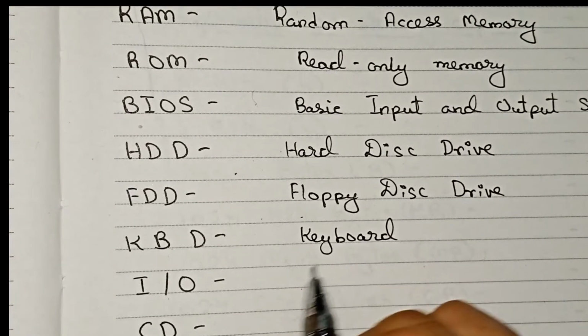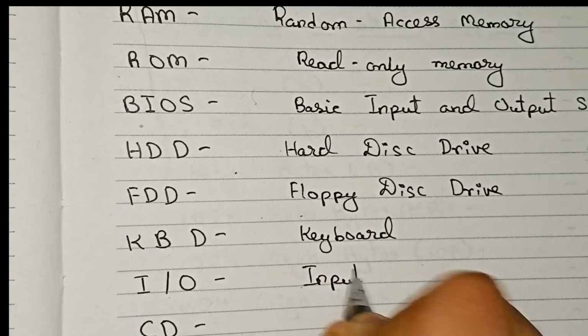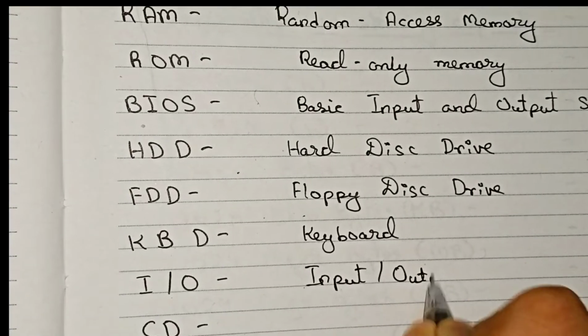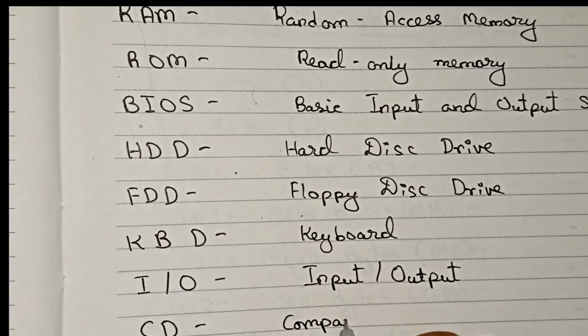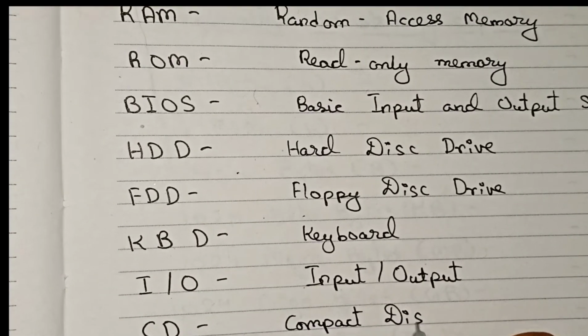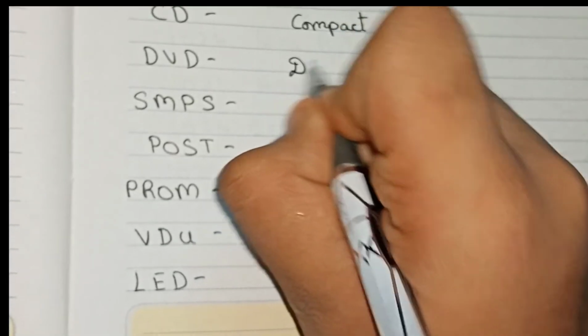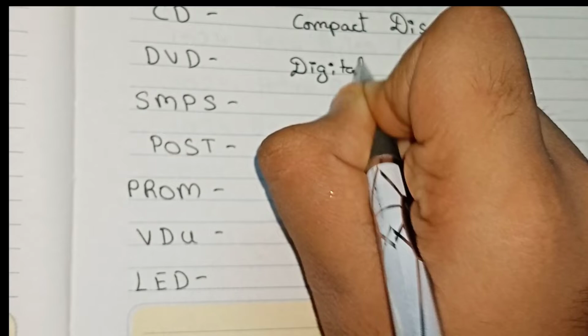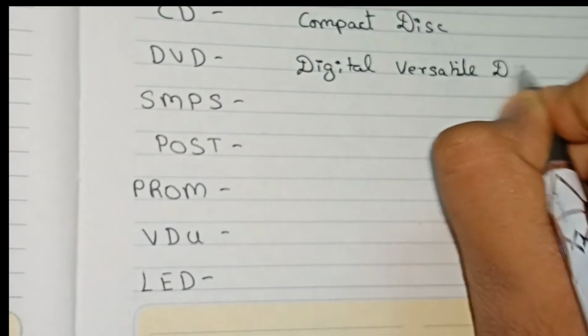Next is I/O, that is input/output. Next is CD, that is compact disc. Next is DVD, that is digital versatile disc.